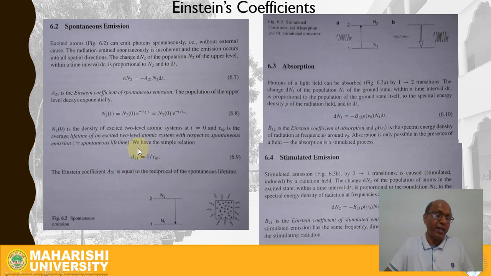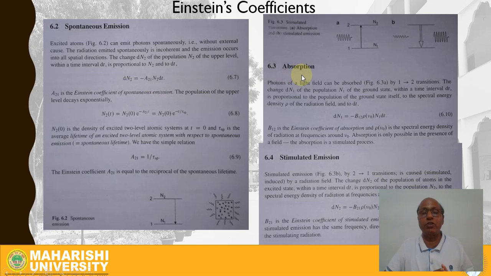It indicates another factor: if the spontaneous lifetime is very high, the spontaneous emission Einstein coefficient will be very small, right? Now this was about spontaneous emission and Einstein's coefficient of spontaneous emission.